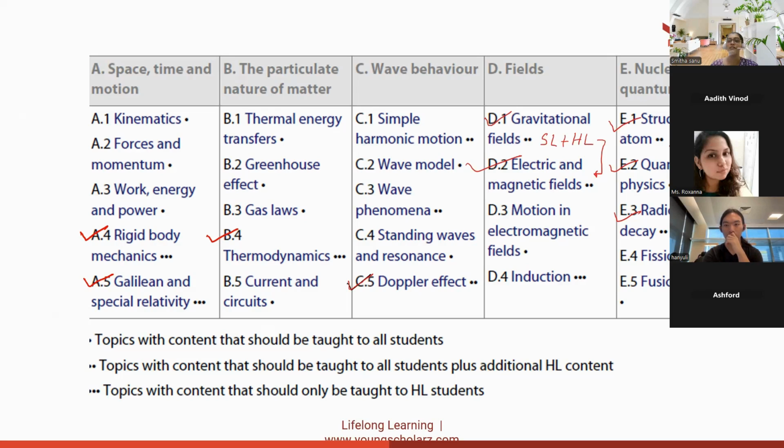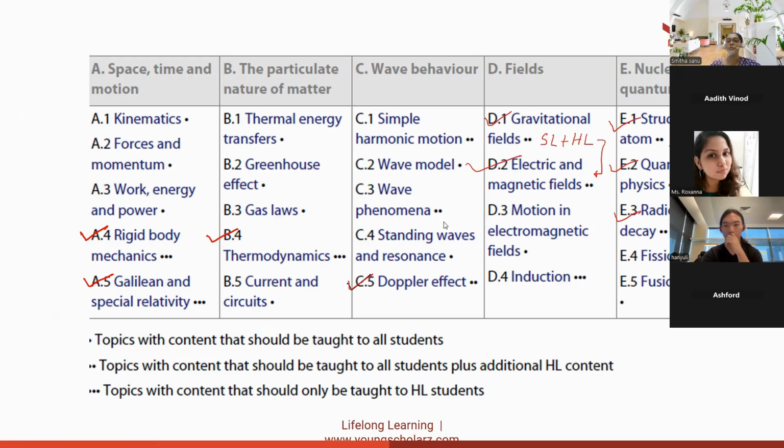As you can see, D1 and D2 have both SL and HL content, so they are common for both SL and HL, but D3 and D4 are only for HL. So the extra is D3 and D4, while D1 and D2 have certain content which is not for SL students.